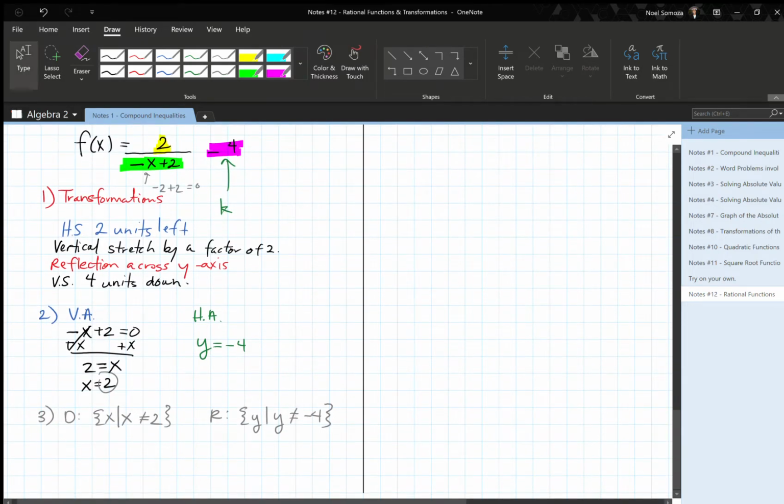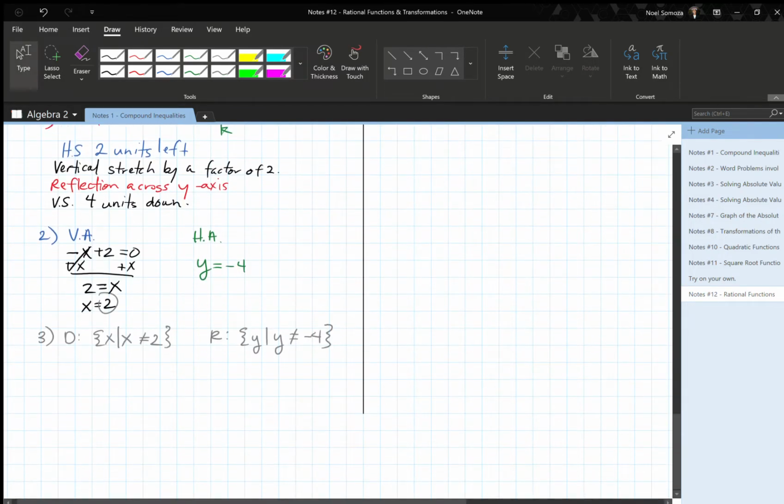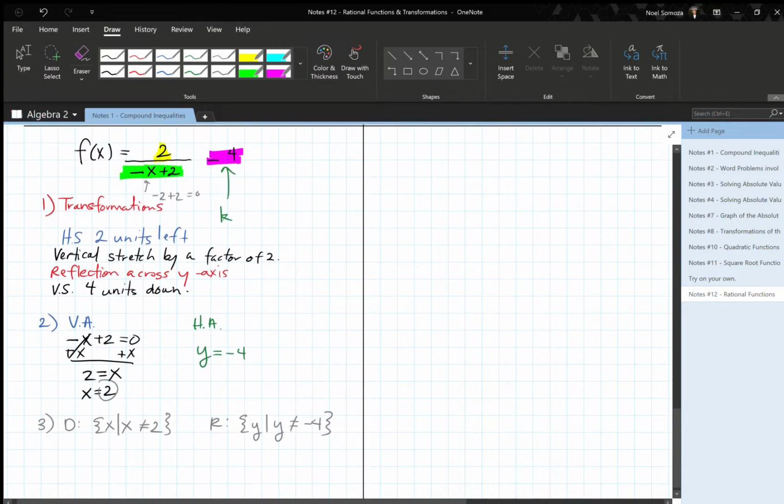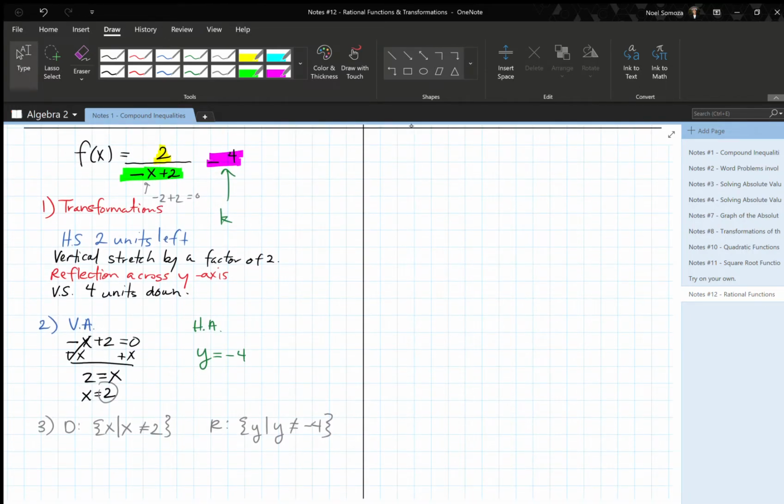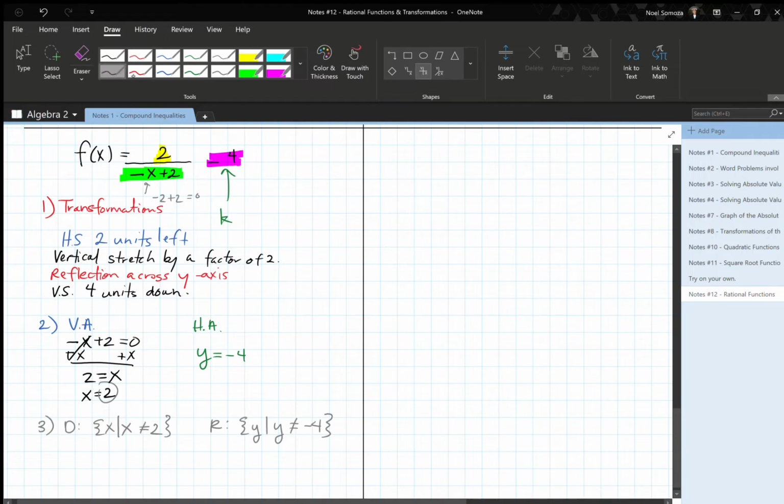I'm going to go ahead and make the table first. Actually, no, let's keep doing what we've been doing. So let's go over and draw the xy axis.